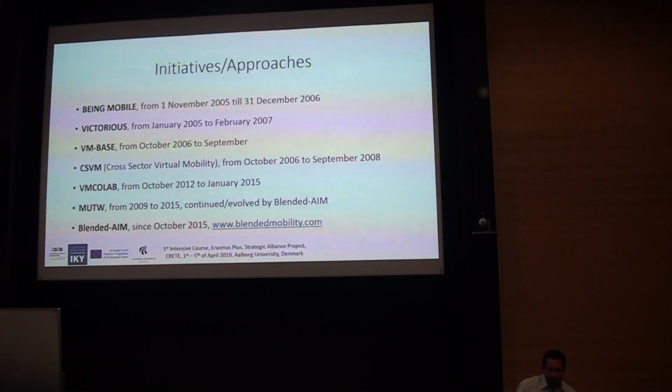So, we can now see some blended mobility initiatives, mainly in Europe. One is Being Mobile, which aims to show teachers and students that it is possible to promote European cooperation with the use of virtual mobility.